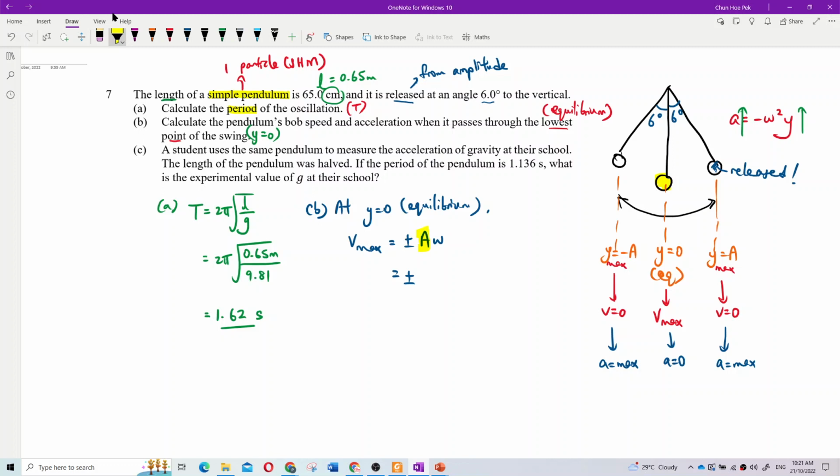When I ask you to use your creativity, that means you think. What value does it give us? 6 degree. Besides 6 degree, what other value does it give us? Amplitude means this length. So this is the amplitude. What else does it give you? Yes, earlier Haslina said length, right? So can you find the amplitude? How to find the amplitude? Find this value, the amplitude. How?